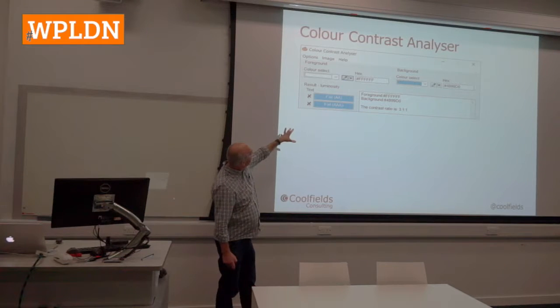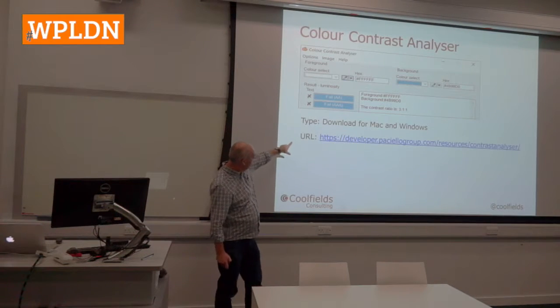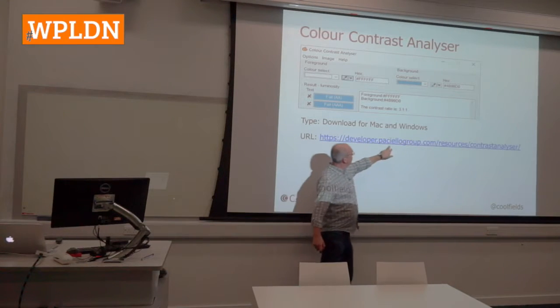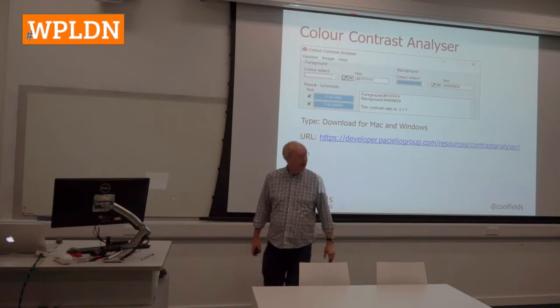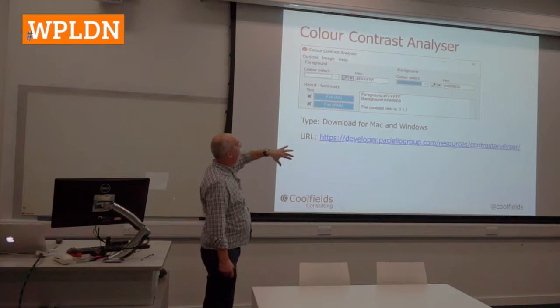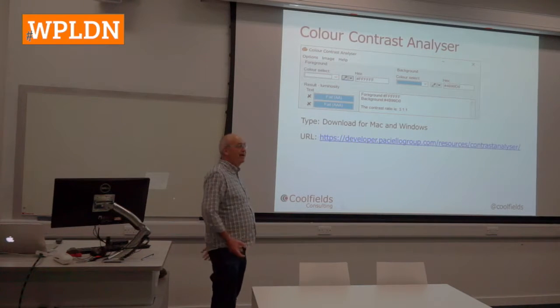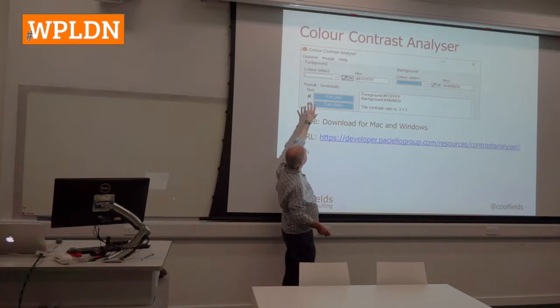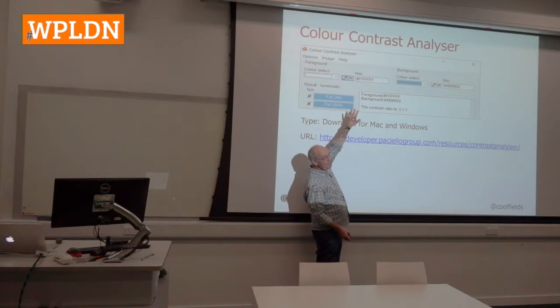And so the tool is, and here is the URL, available for Mac and Windows from the Paciello Group, an accessibility company. You get a downloadable application and you can fire it up, and you can select colours from the drop down or put in the hex values if you want to.